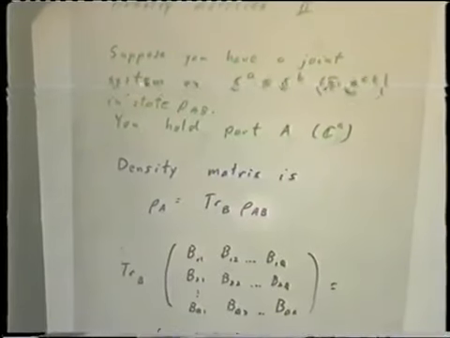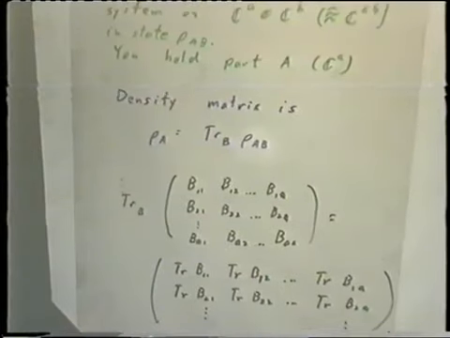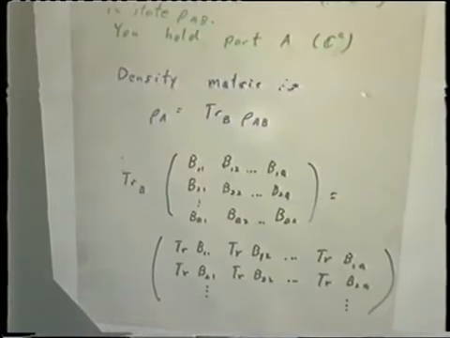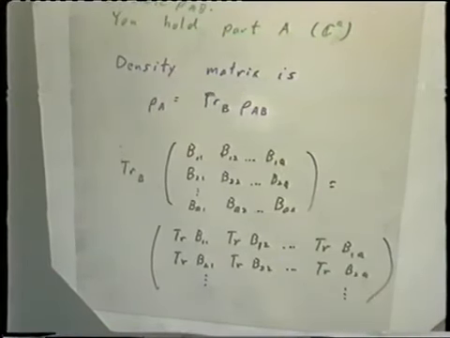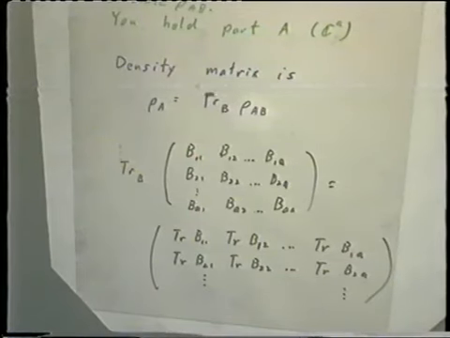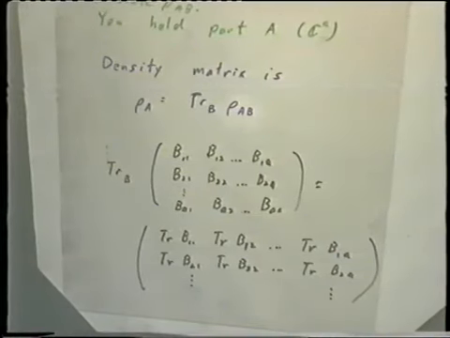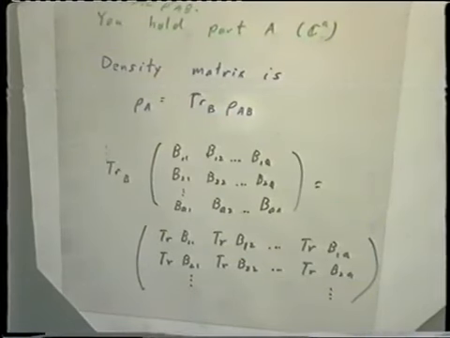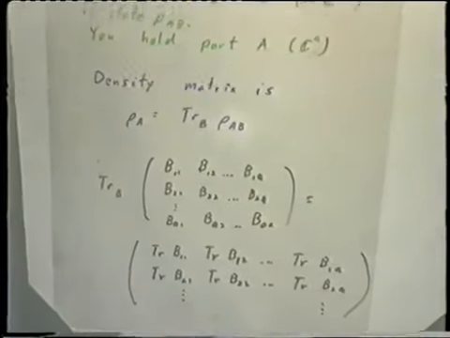If you write the matrix in block form, with blocks B11, B12, up to B1A, and so on down to C sub A, then when you take the partial trace, you just take the trace of each of these submatrices. And partial trace, of course, is a coordinate invariant operation. Okay, so now we have density matrices.